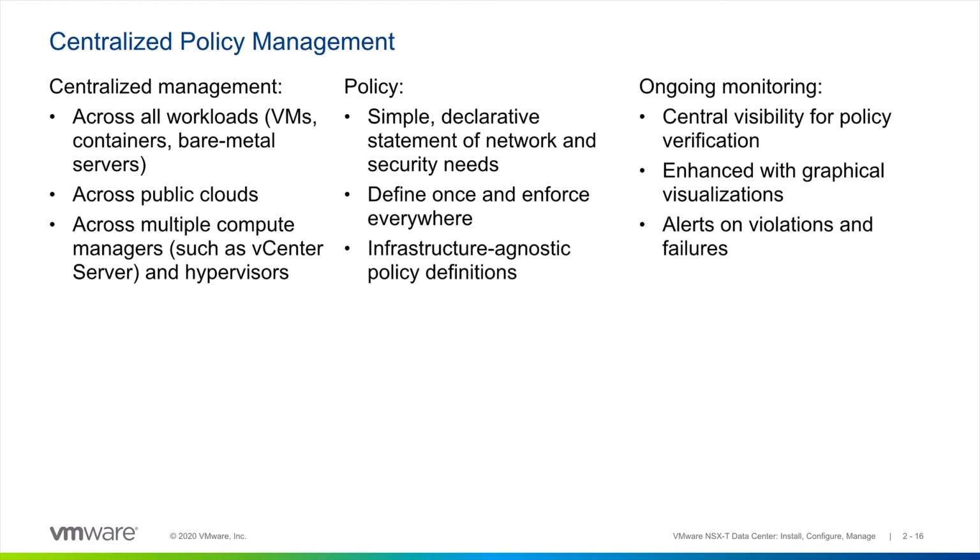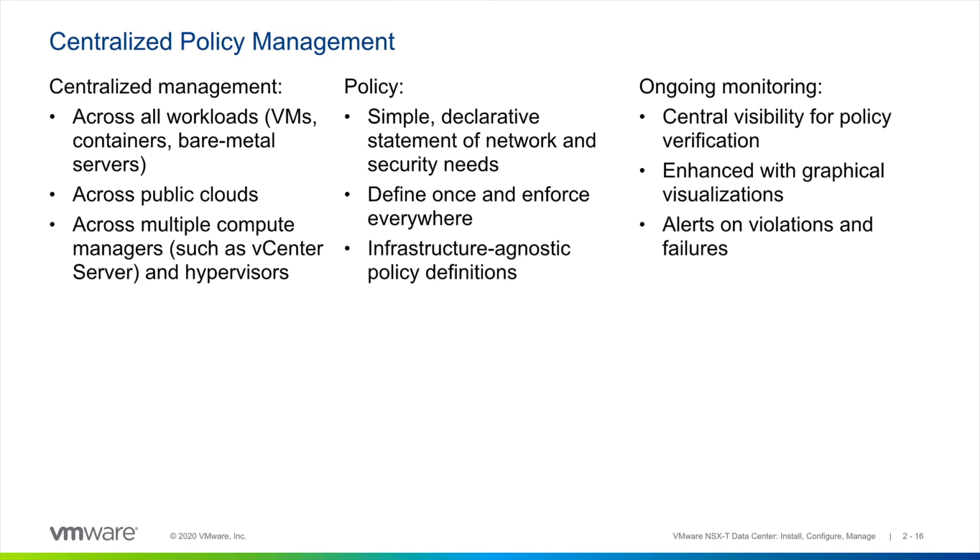But what this slide really tells us is that central policy was done on purpose, first and foremost, so that we can have a central way of describing what we're looking for, what the end state is that we want, no matter the platform that underpins NSX, whether it's NSX Cloud or a vSphere platform or a KVM platform, whatever it might be.